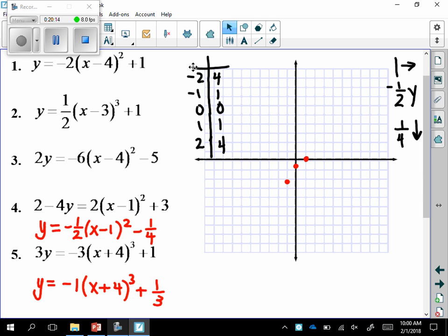I'm going to move that point 1 unit to the right, take the y coordinate, which is 0, multiply by -1/2, it's still 0, and then move it down a quarter, and then we'll reflect, and reflect. And here's what this parabola looks like.